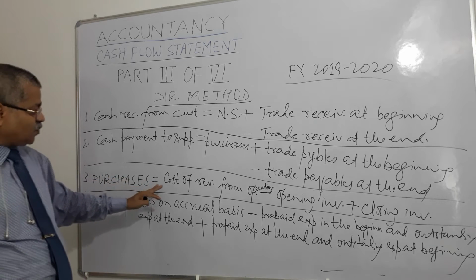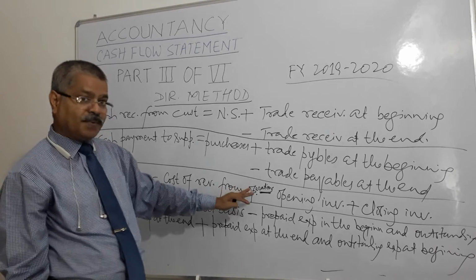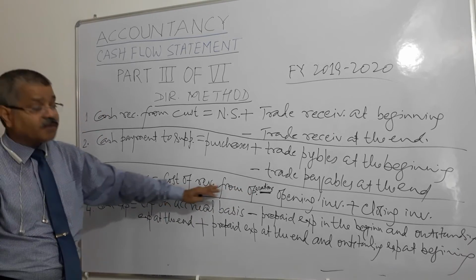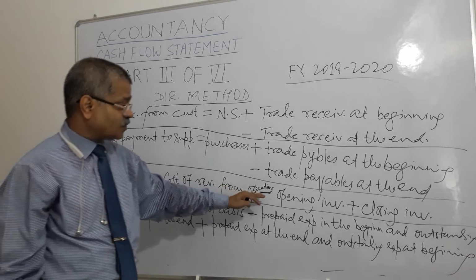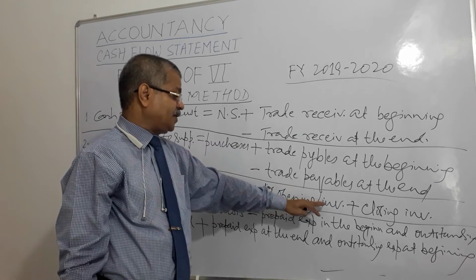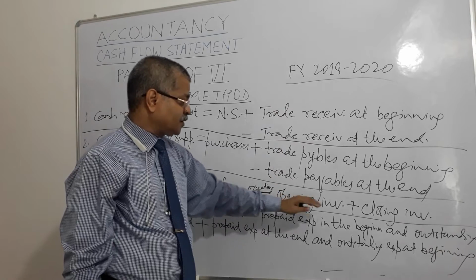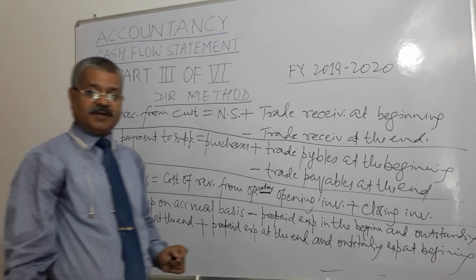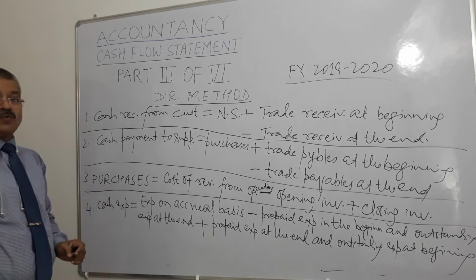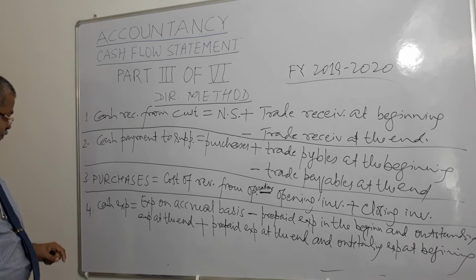Purchases is equal to cost of revenue from operations, minus opening inventory as on 1/4/19, plus closing inventory as on 31/3/20.